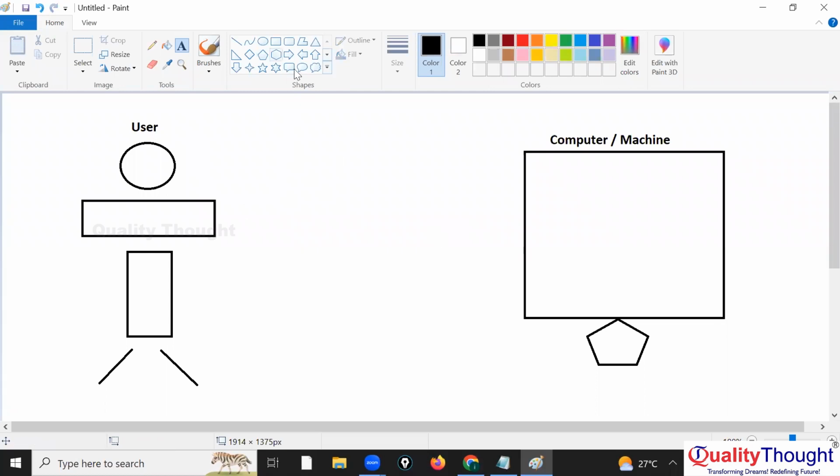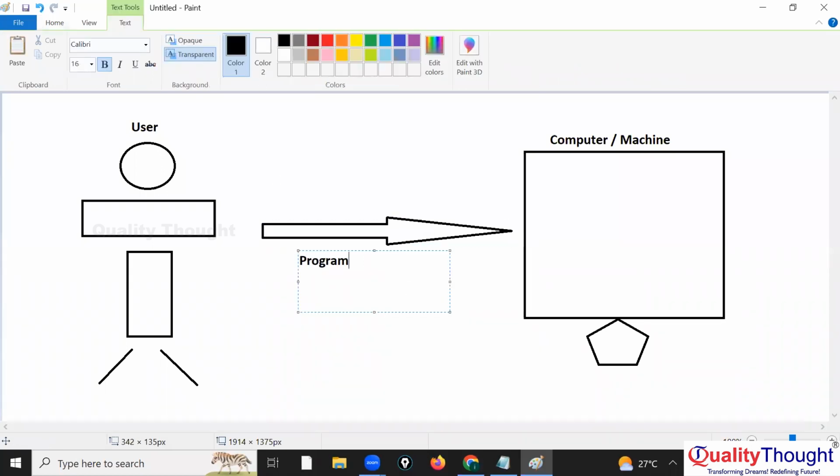So what happens, this user wants to interact with this computer. This end user wants to interact with the machine. How is this communication possible? Because of programming language.